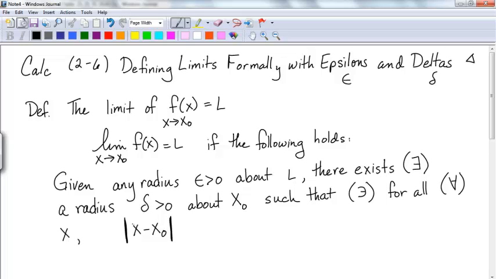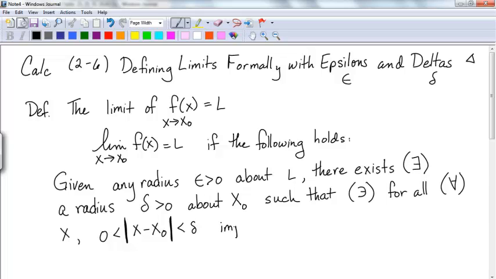The absolute value represents distance. What that's really saying is the distance from our x to our x sub 0 is less than delta and greater than 0.